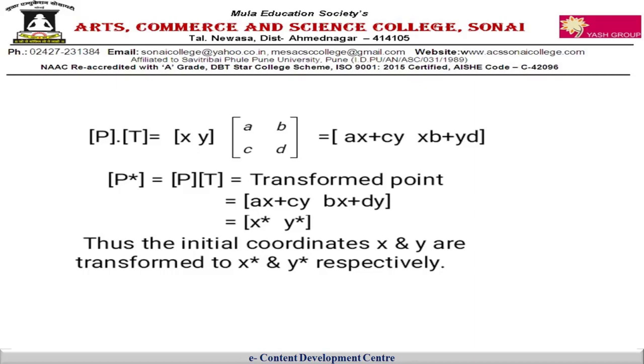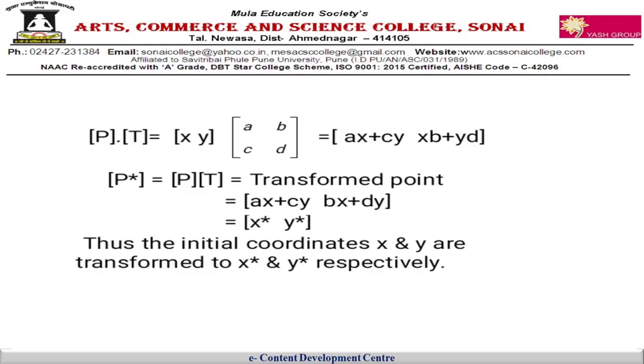So we get the new point, denoted by P star. P star is equal to P into T, which is the transformed point, having coordinates ax plus cy, bx plus dy, which is equal to (x star, y star). These are the transformed coordinates.